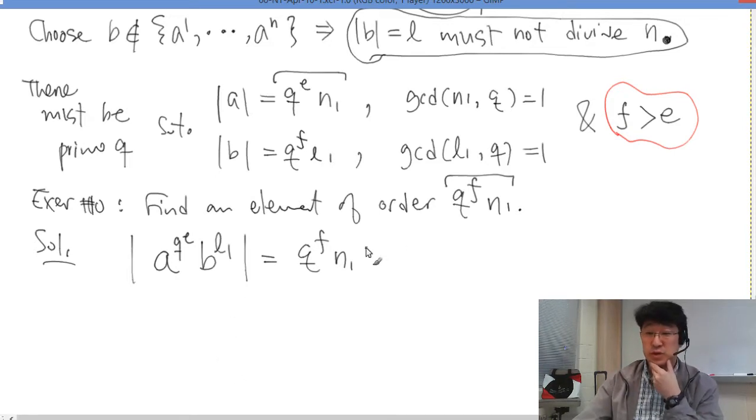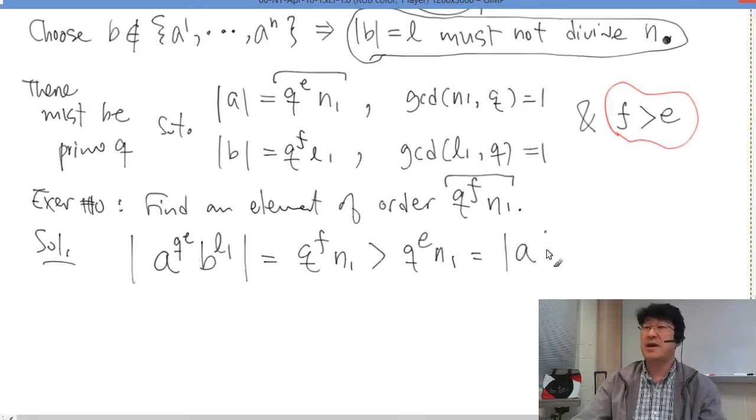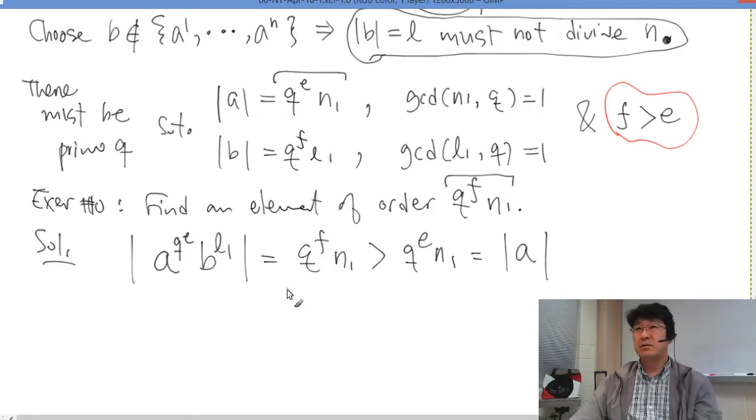So we're supposed to observe that this is greater than what number? q to the e times n1, which is the order of a, right? So why is that a problem? Right. a is supposed to have the largest order, right? But I have even larger order.